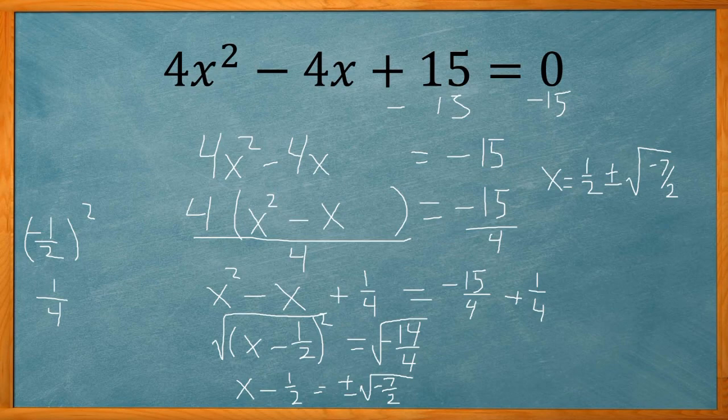Now, if you have a negative under a radical, we can't take a square root of a negative number. So what we end up doing is turning that into an imaginary number. So basically 1/2 plus or minus the square root of 7/2 i. And they use i to denote an imaginary number. So your answer is going to be 1/2 plus or minus the square root of 7/2 i.